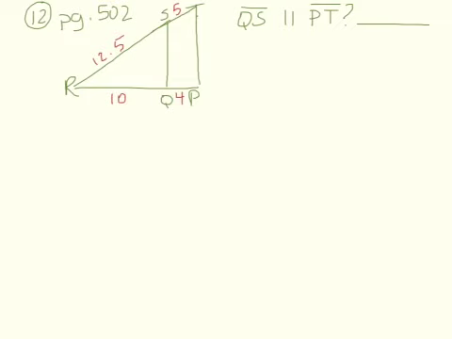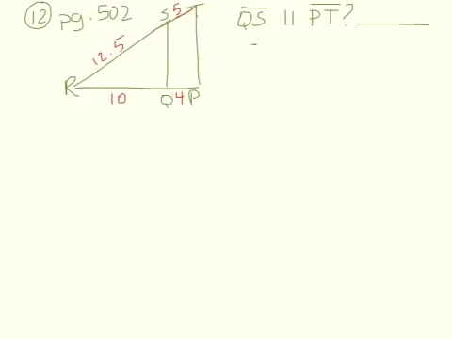In other words, do we have enough information to tell if these two lines are parallel to each other? Well, I know the converse of Theorem 8.4, which is Theorem 8.5, says if these segments are proportional to each other, then the lines QS and PT are parallel to each other.